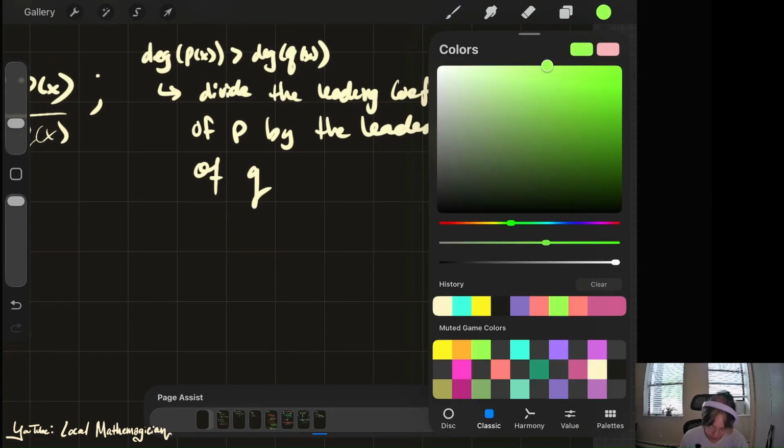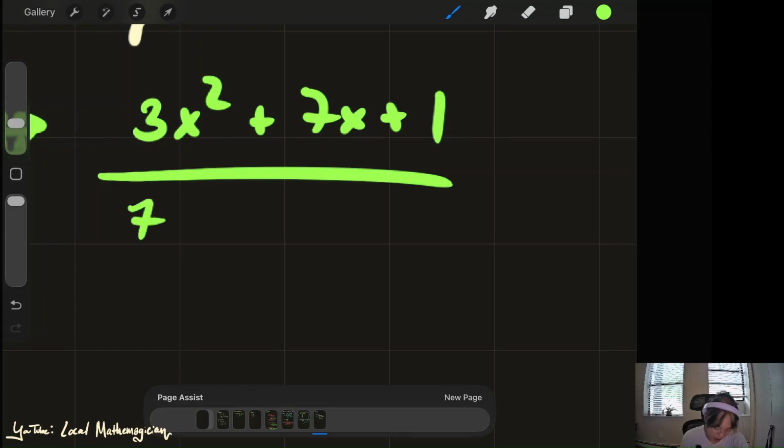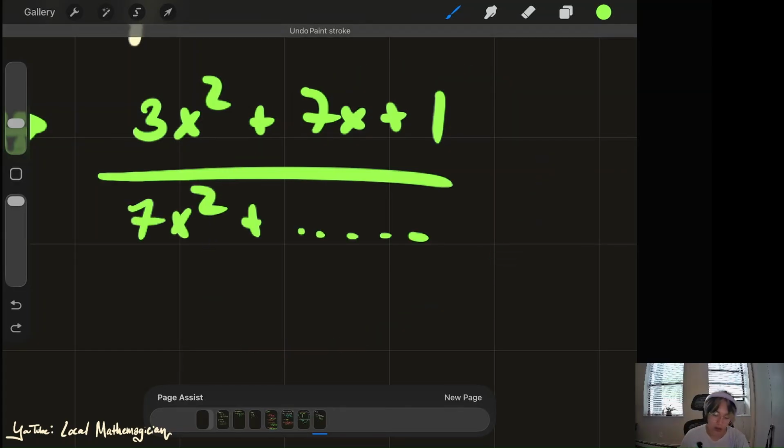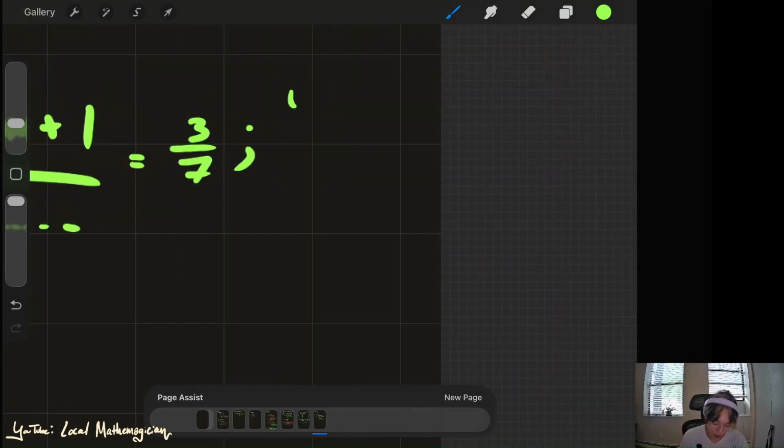For example, if you have 3x squared plus 7x plus 1 divided by 7x squared plus smaller things, fundamentally these don't matter. You're learning calculus, limits at infinity, basically. And that all gives you, oh, these are the same. That gives you 3/7. So your horizontal asymptote is y equals 3 over 7.